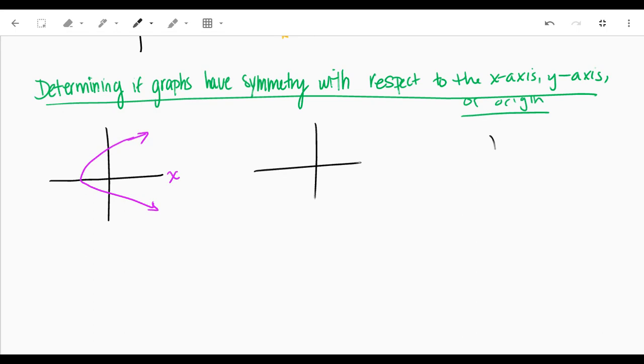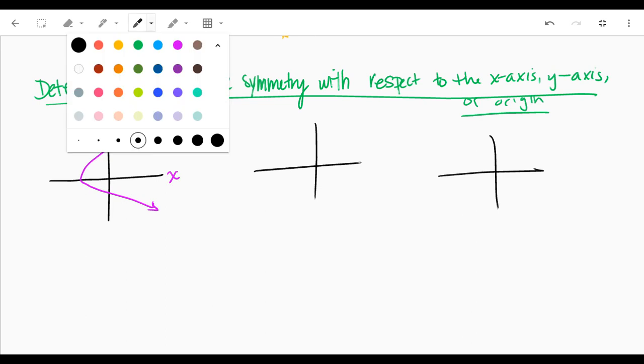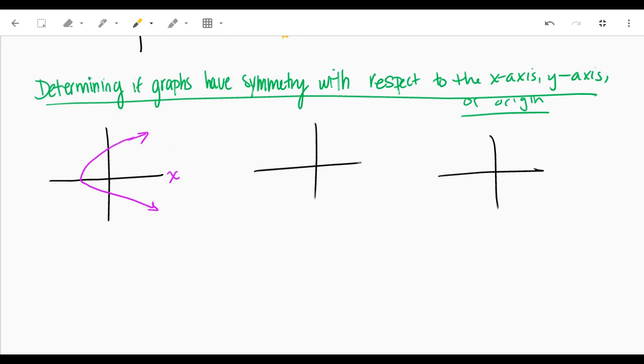And the y-axis, these are going to be the easier ones, right? The x-axis and the y-axis. So one that might have symmetry with respect to the y-axis, maybe like that.